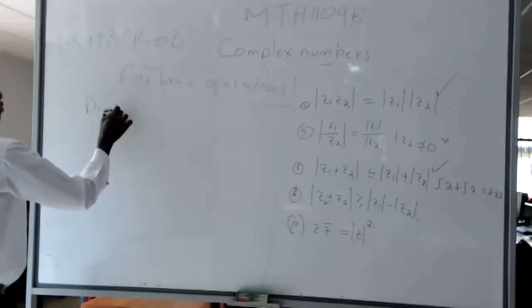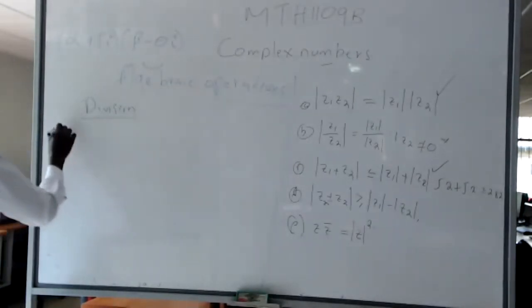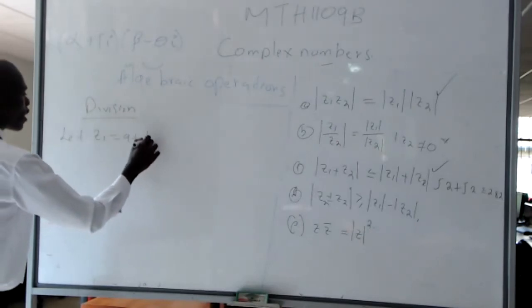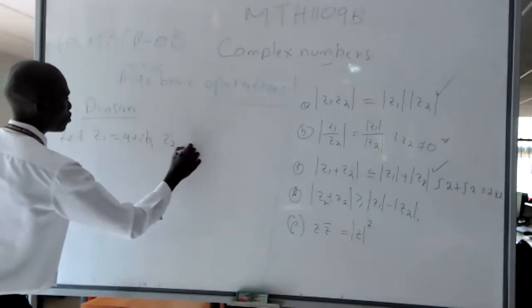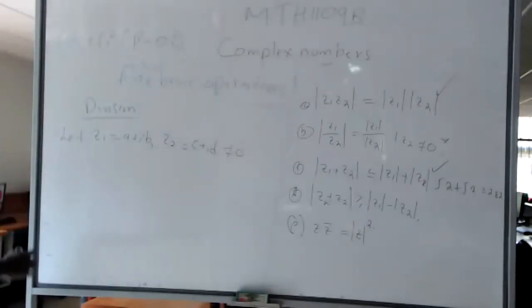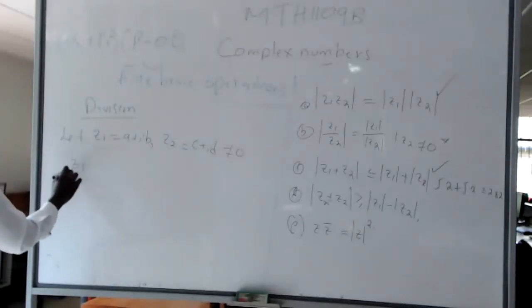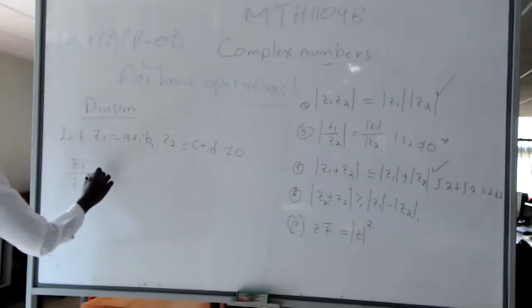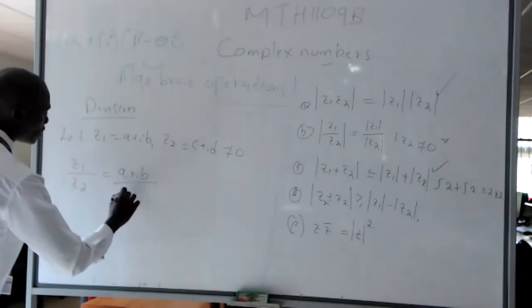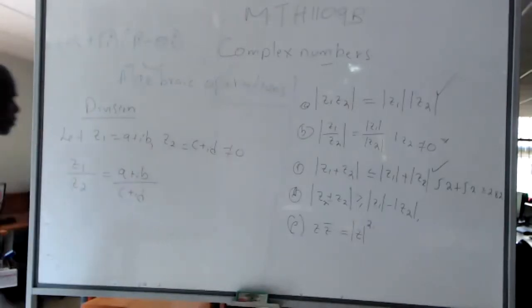Division. Suppose we have Z1 is A plus IB, Z2 is C plus ID. This must not be 0, of course. Then Z1 divided by Z2, so we'll write this as A plus IB divided by C plus ID.